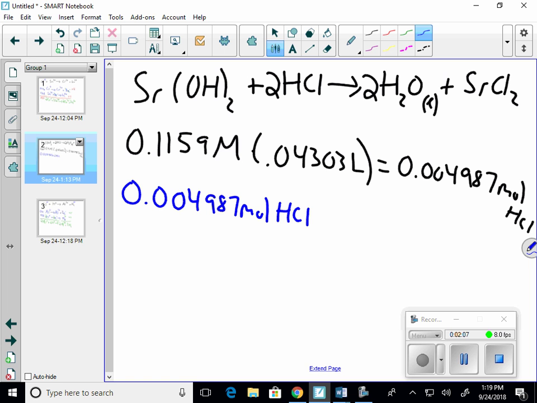In the next step, this is the actual stoich of using the coefficients in the balanced equation to convert from one thing to another. I want to get the strontium hydroxide from HCl. Again, a lot of you only write the numbers in the conversions.